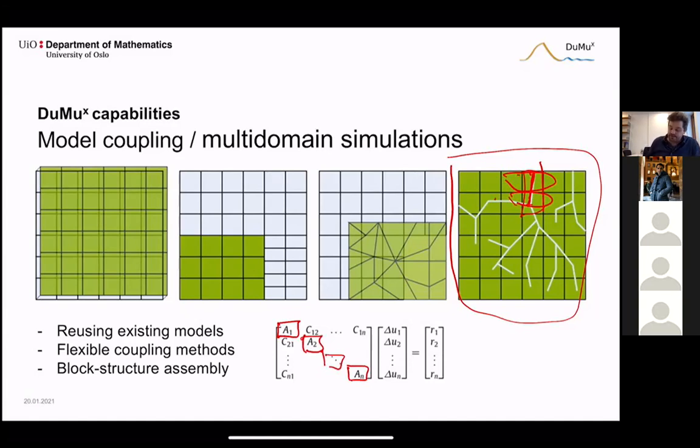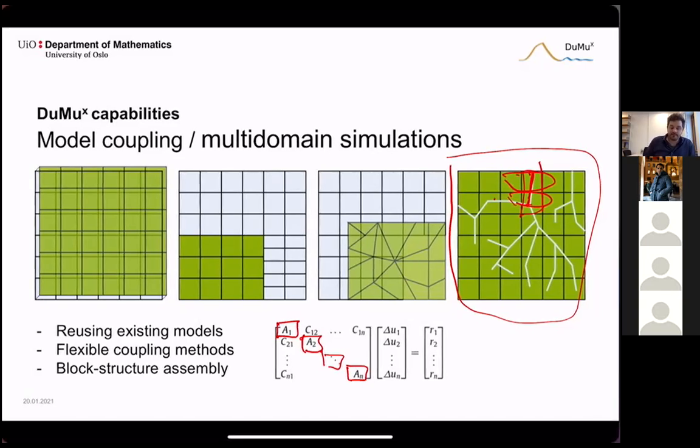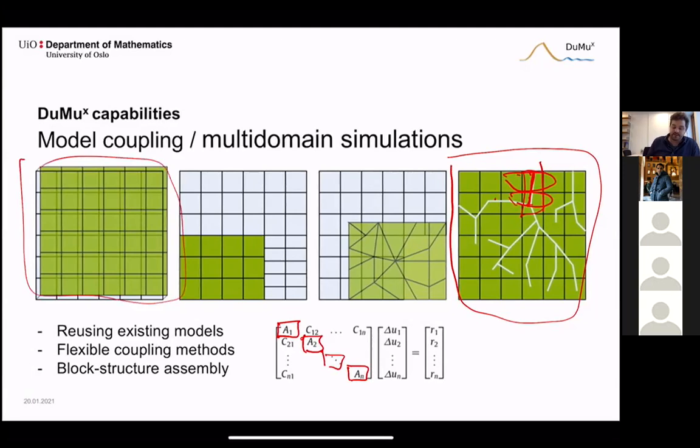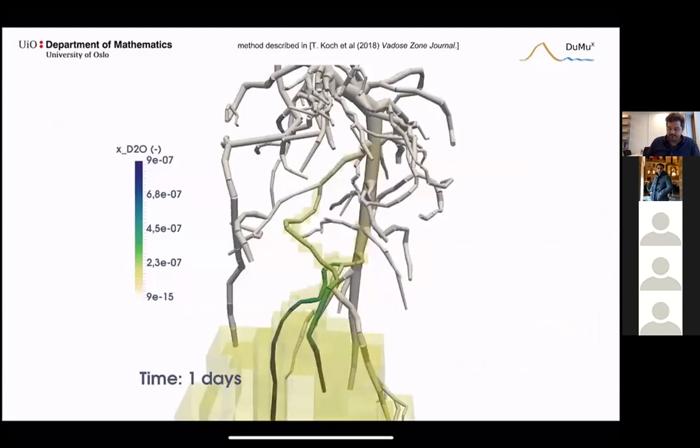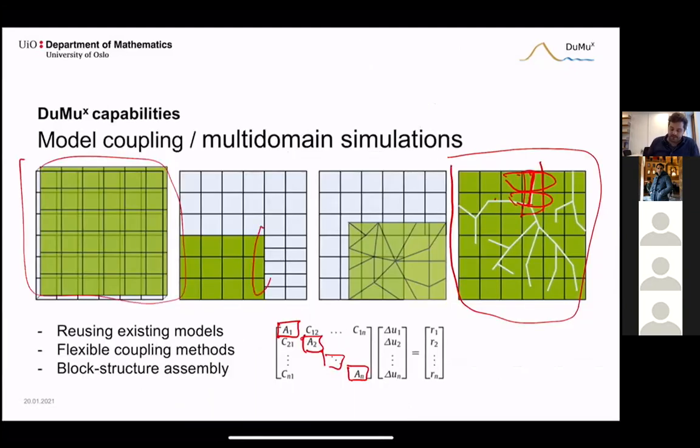You could think of other types of couplings. So you could be on the same grid, but you maybe use a different discretization scheme, or you use two different equations that you just want to couple together in that loose way. You can have non-matching grids that you want to couple together.